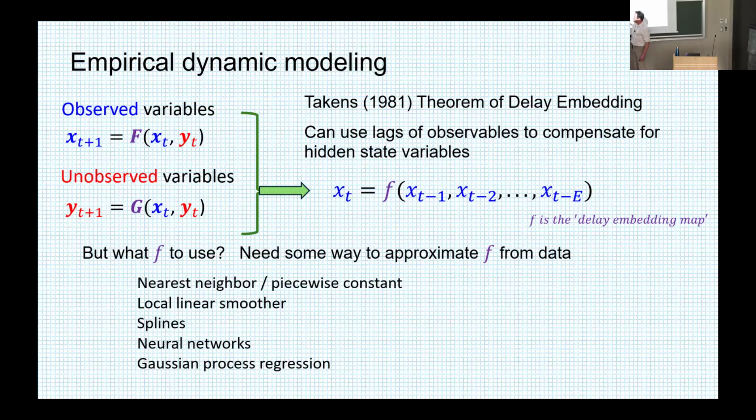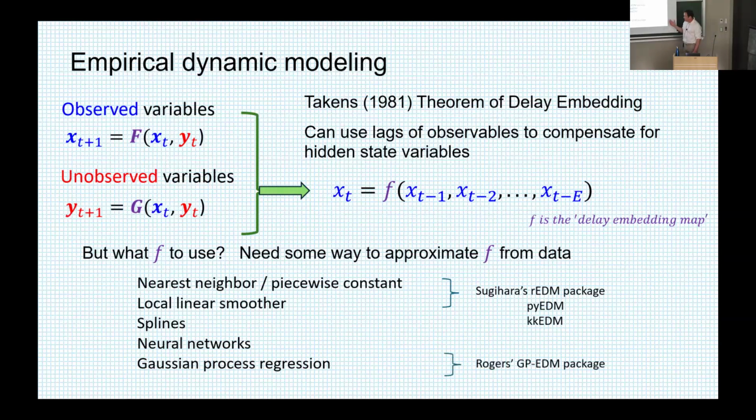So two very popular ways in ecology are using nearest neighbor or local linear smoothers. These are popular in part because of the existence of Sugihara's rEDM package. But you can also use splines or neural networks. And a lot of the stuff that I'm talking about today is done using Gaussian process regression, which, if you want to try it out, is available through Tanya Rogers' GPEDM package.